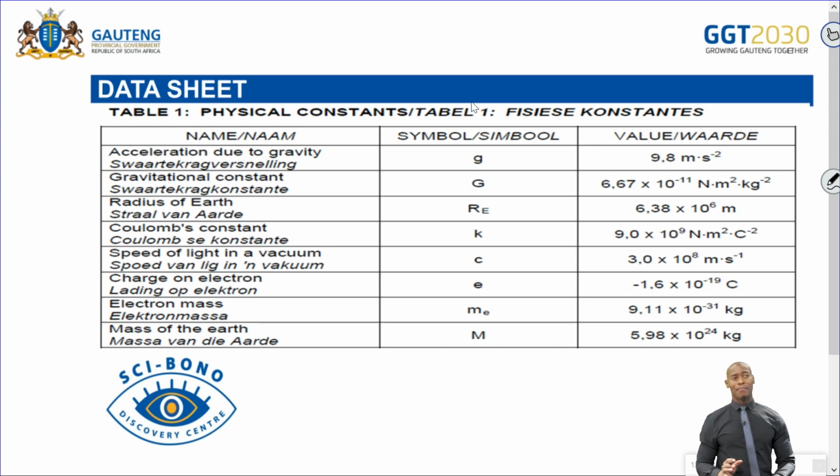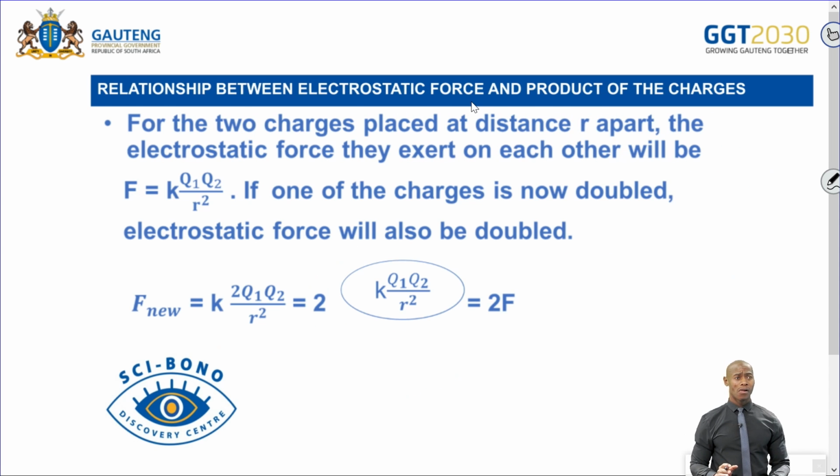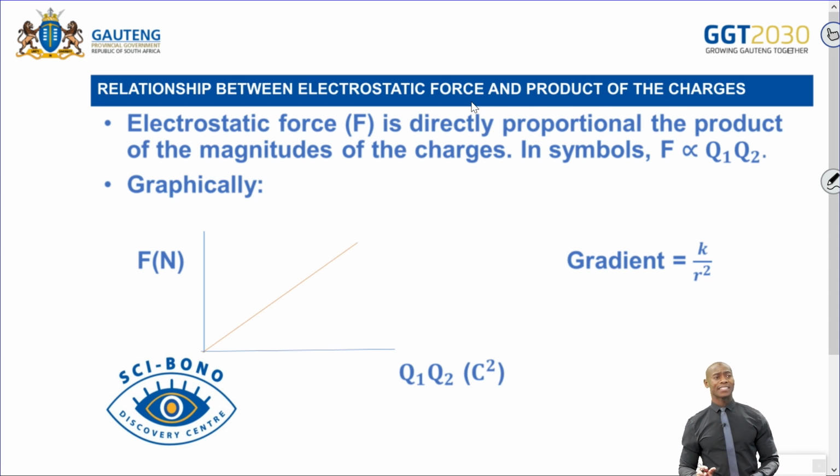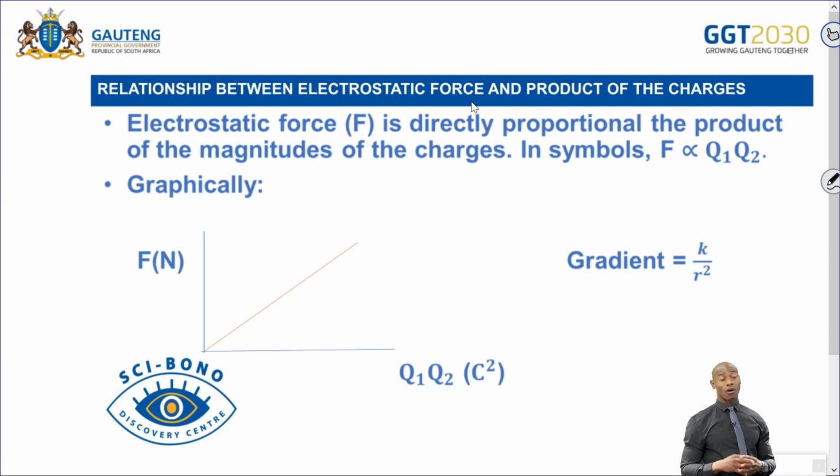So then, maybe before we look into that, right now let's look at the relationship between the electrostatic force and the product of the charges, okay? So according to the law, the relationship between the electrostatic force and the product of the charges is directly what? Proportional.